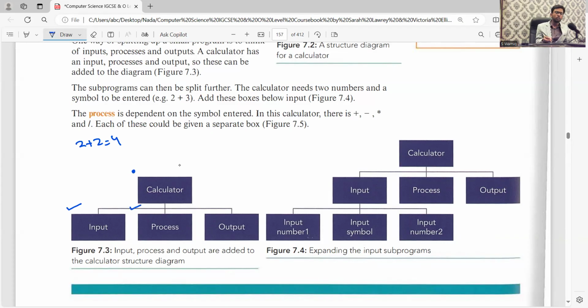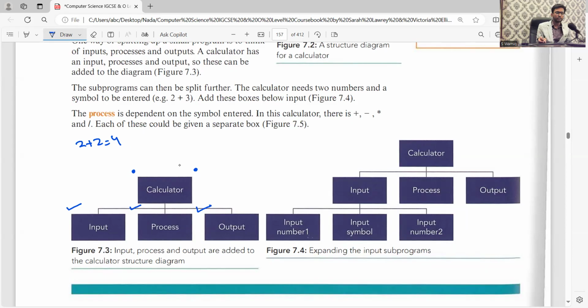Now, when you press the equals key on the calculator, it starts to process it. And when the answer 4 is generated, that is your output. So I had a simple program, a calculator, and I divided it into three stages: input, process, and output.